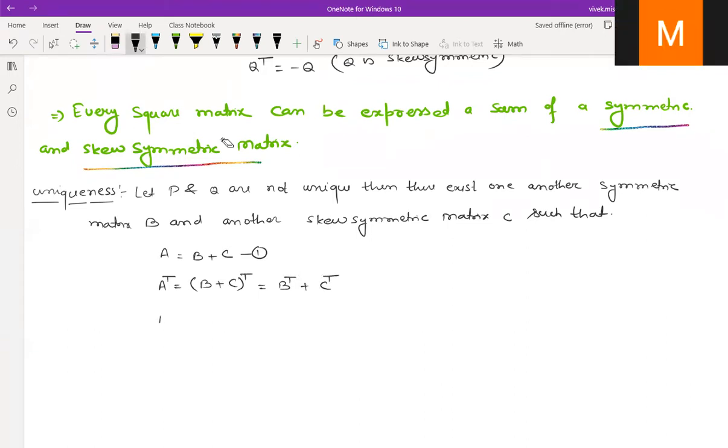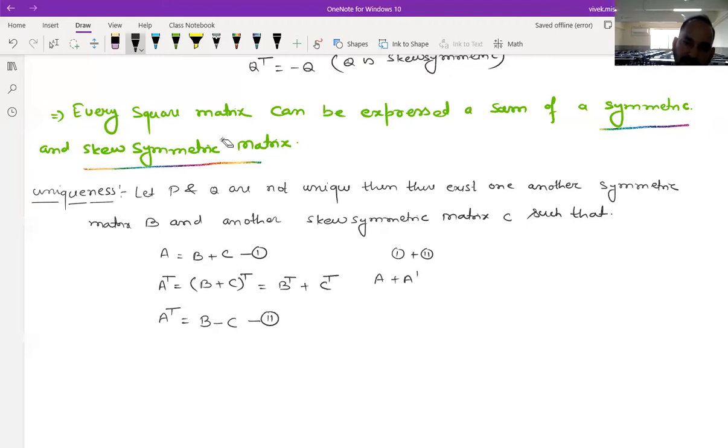A transpose is B, since B is symmetric, and C is skew symmetric, so minus C. Okay, so if I add 1 and 2, A plus A transpose is 2B, so B is 1 by 2 A plus A transpose. So it is not different than P. So B is the same as P.